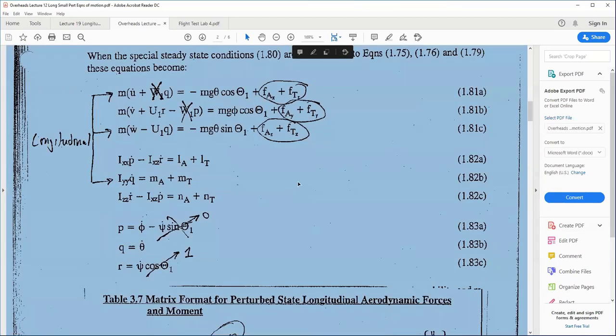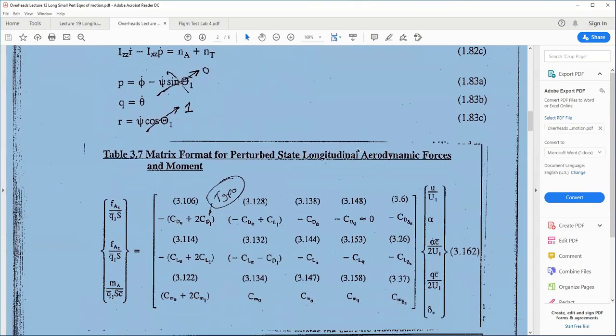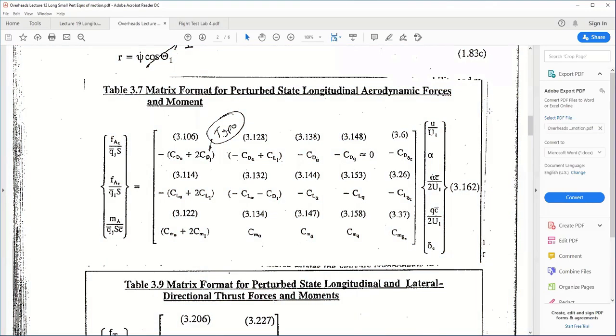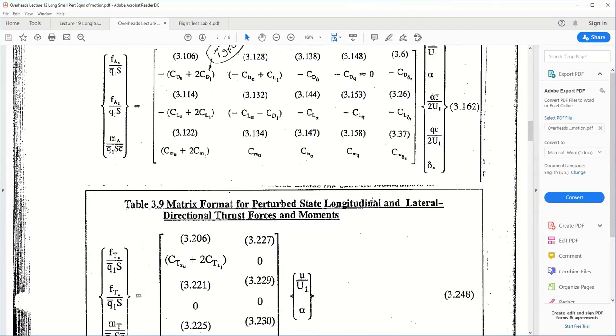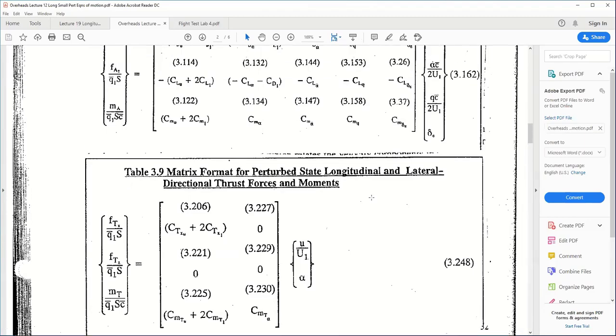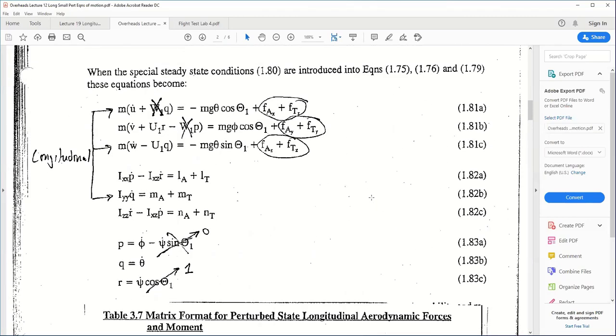So that's what I've done is I've collected those for you down here. So this is the matrix for longitudinal forces and moments in terms of these variables here. So notice we have some more dynamics now. We have Q and we have alpha dot, more ordinary differential equation terms, and then the thrust forces and moments. And so we shove those in to the equations up here.